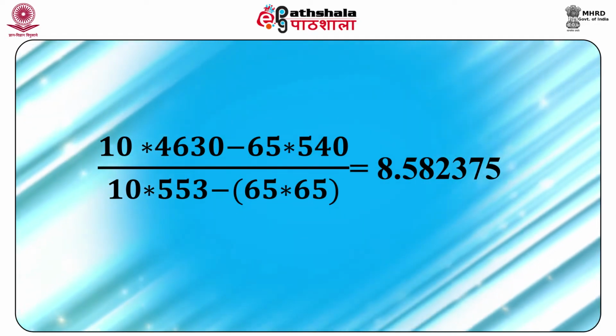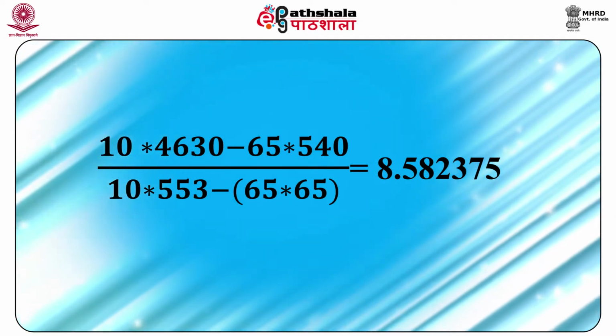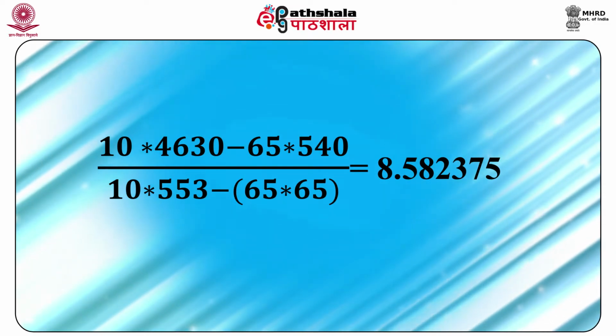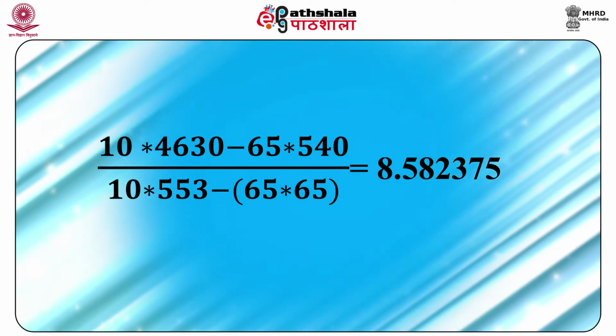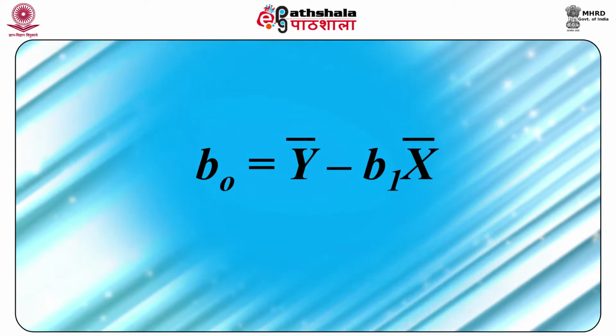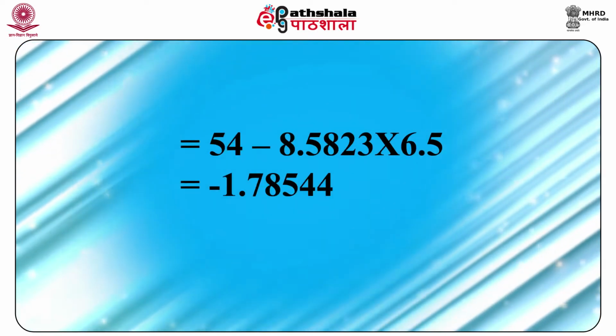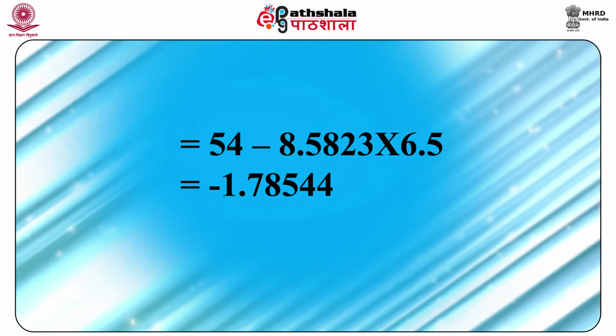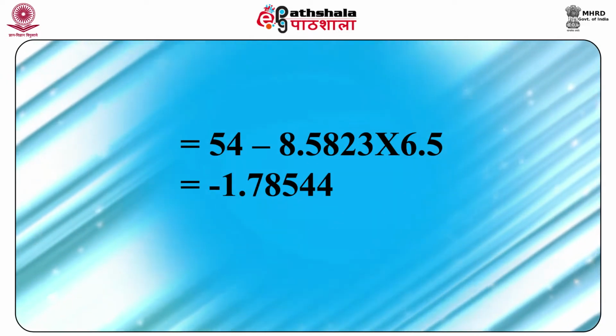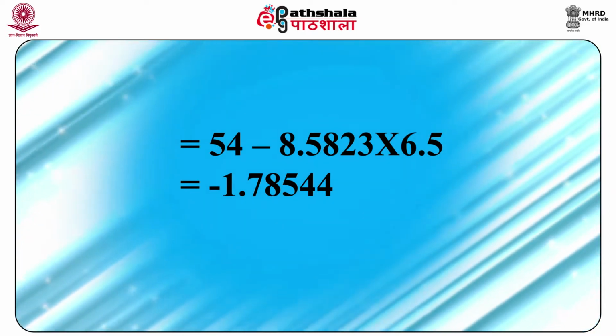On substituting these values of table 2 in equation 3, we get b1, which comes out to be equal to 8.582375. Substituting this value of b1 in equation 5, we get b0, which is equal to 54 minus 8.5823 into 6.5, and comes out to be equal to minus 1.78544.